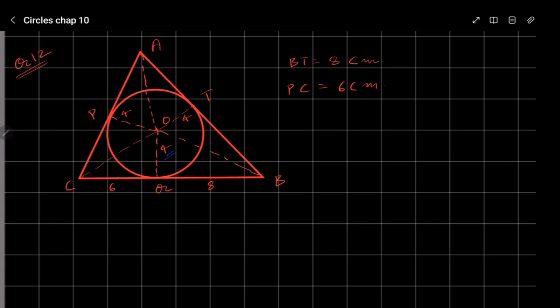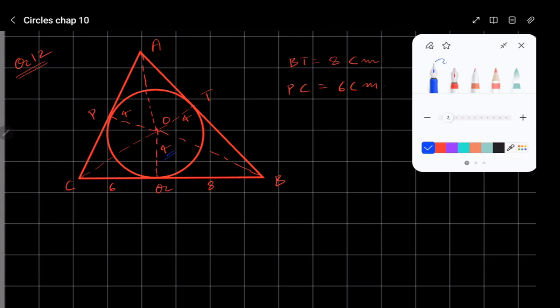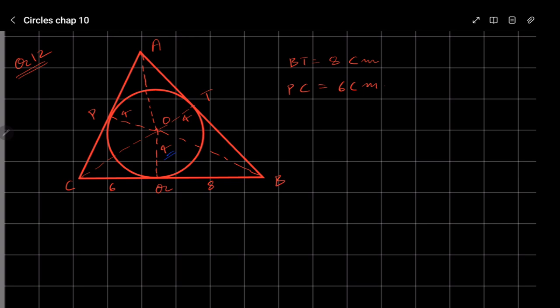So here is the radius 4 centimeter which it circumscribes. So this will also be 4, this will also be 4 because it's all radius of the same circle, such that the segments BD and DC, let us assume that this is BD and it's given that it's 8 centimeter.